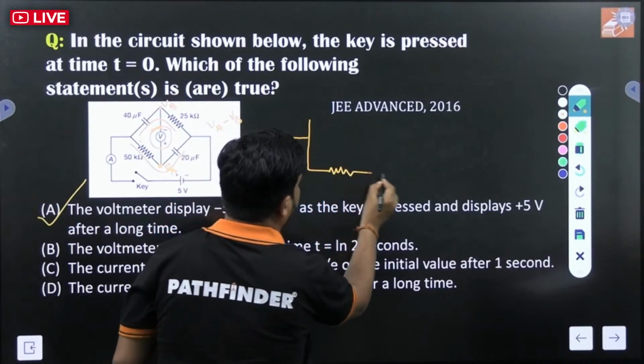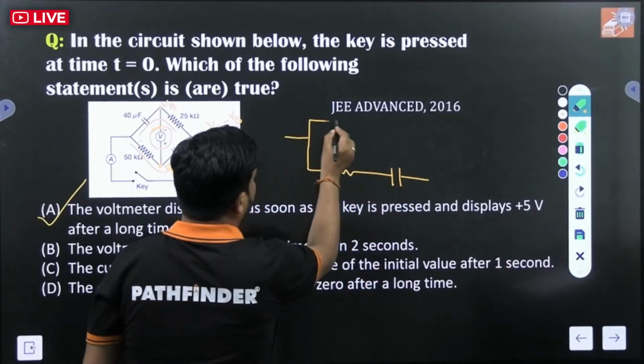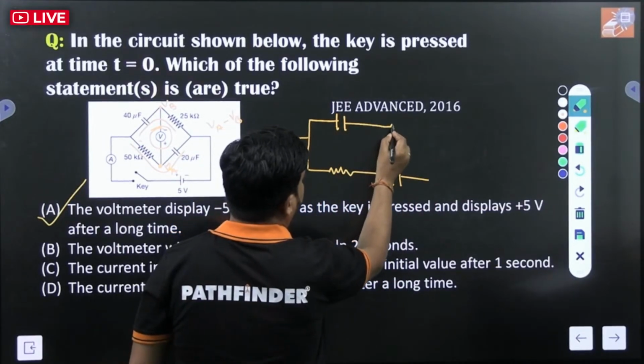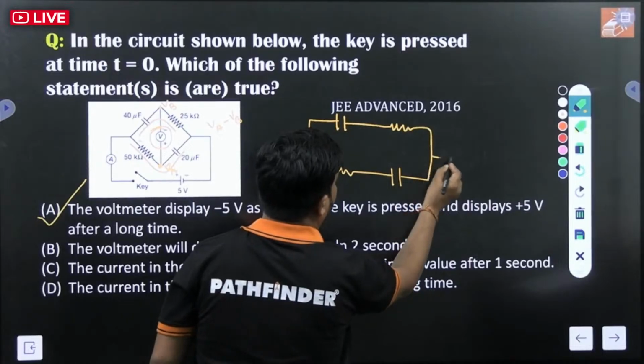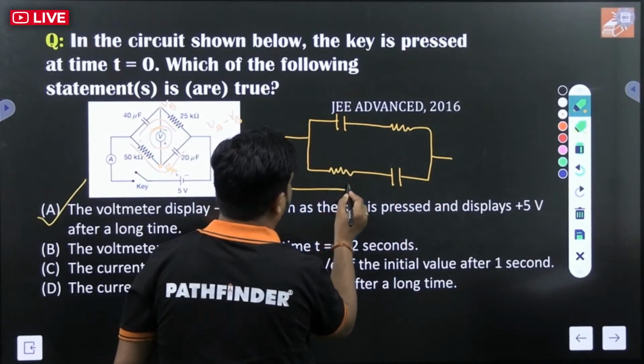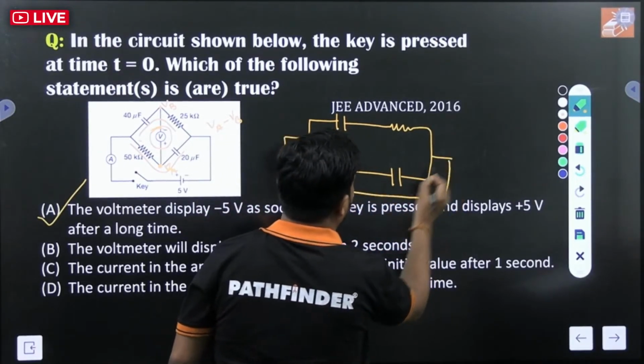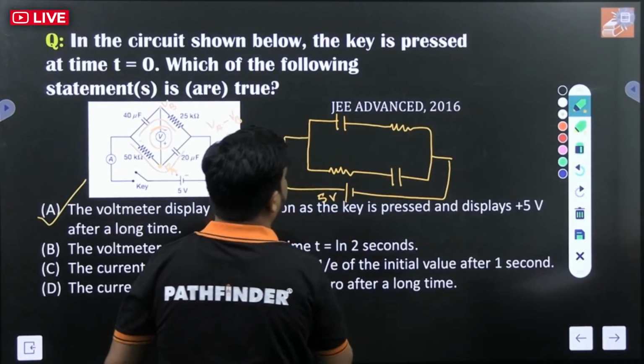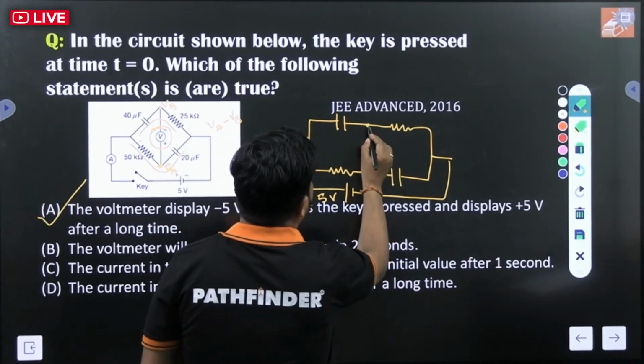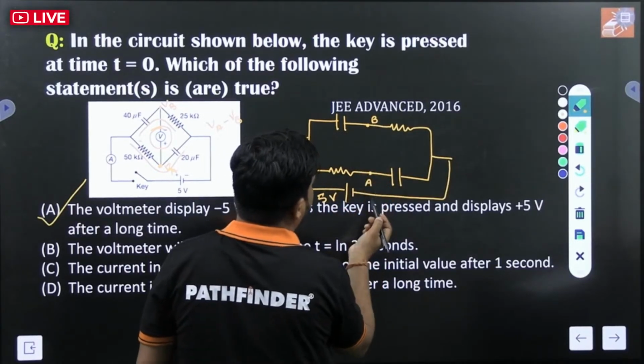Here one resistance, here one capacitor, here one capacitor, and here one resistance. Only traversing matters. This is 5 volt. Right? This is your A and this is your B. So let's traverse.